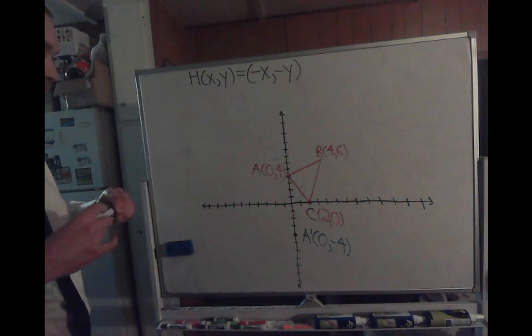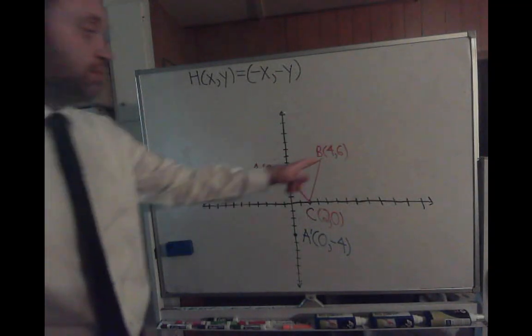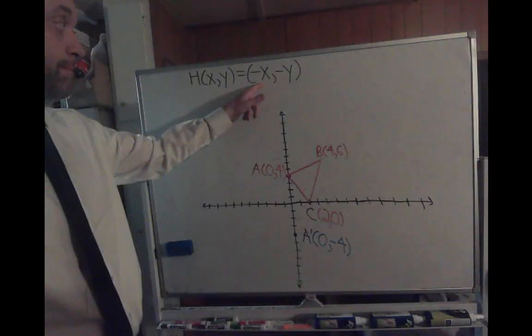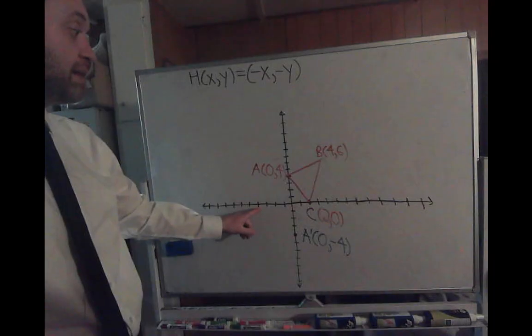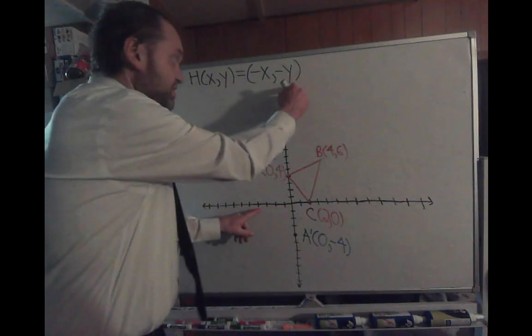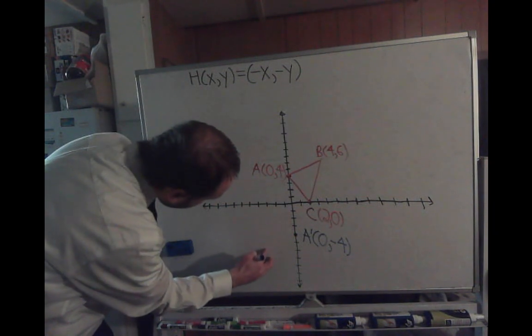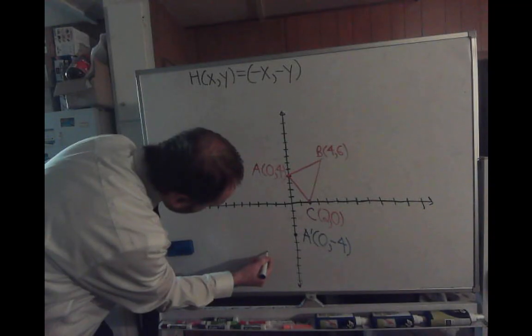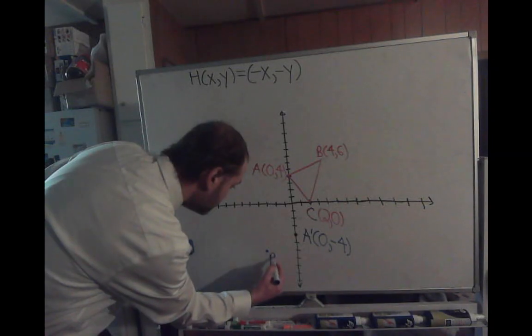Now, let's find point B prime. If I put in my x value of 4, that would give me negative 4. And then if I put in my y value of 6, that would give me negative 6. So I will actually be at the point negative 4, negative 6, which is about right there. That would be my B prime.